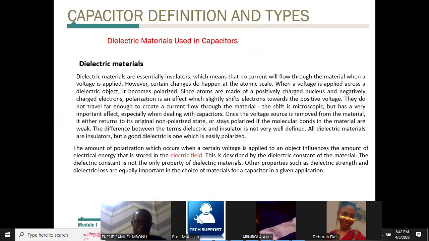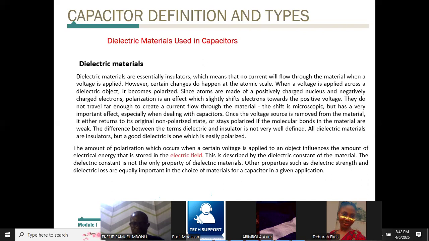Now, dielectric materials using capacitors. Dielectric materials are essentially insulators, which means that no current will flow through the material when a voltage is applied. However, certain changes do happen at the atomic scale. When a voltage is applied across a dielectric object, it becomes polarized.